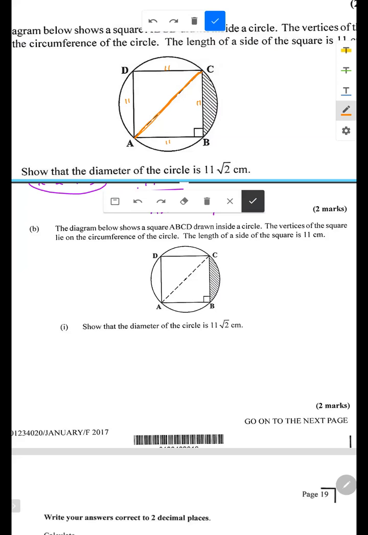So the diameter AC, using Pythagoras' theorem, becomes the square root of 11 squared plus 11 squared.